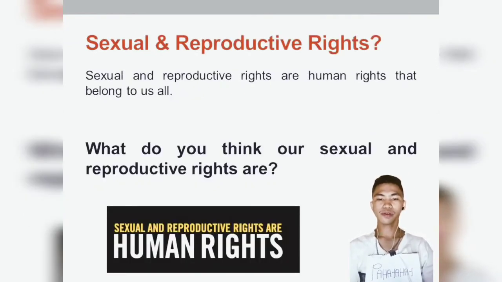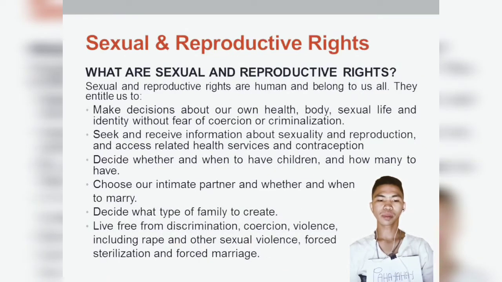Sexual and reproductive rights are human rights that belong to us all. What do you think our sexual and reproductive rights are? Make decisions about your own health, body, sexual life, and identity without fear of coercion or criminalization. Seek and receive information about sexuality and reproduction, and access related health services and contraception.